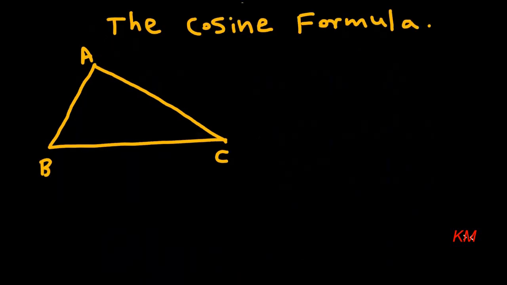Okay guys, now I am going to teach you how to prove the cosine formula. You have to consider this ABC triangle, and you need to make a line from A to the base BC that should be perpendicular to the base BC, and this point is taken as F. Now we need to apply the Pythagoras theorem for the ABF triangle.